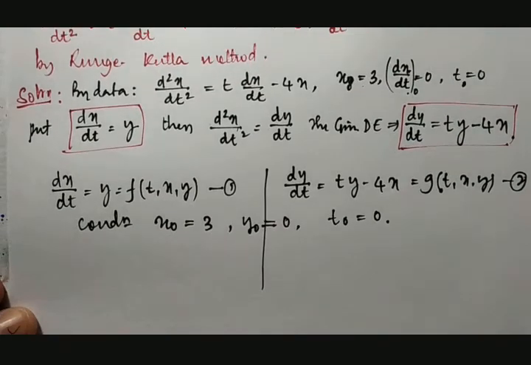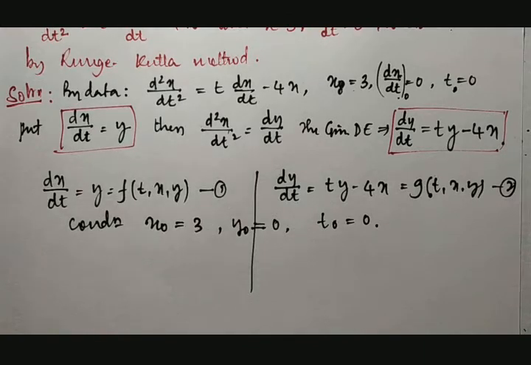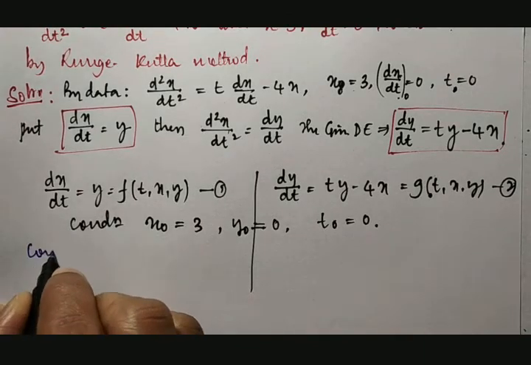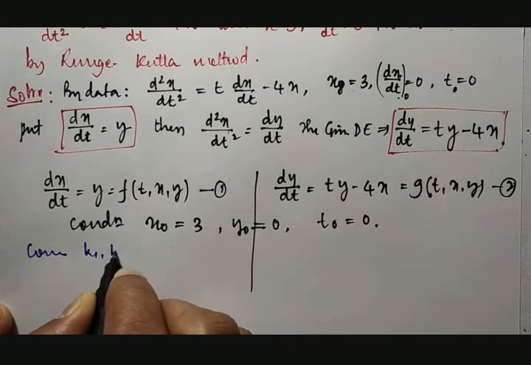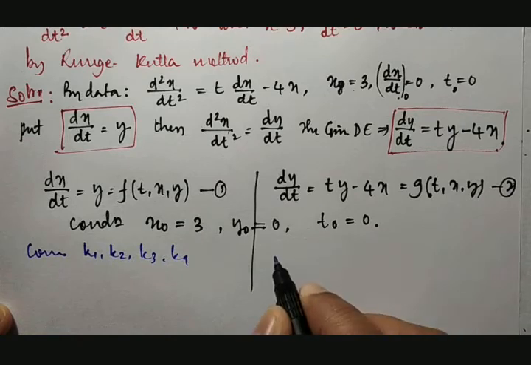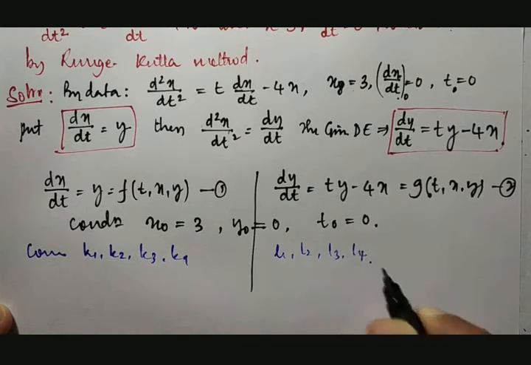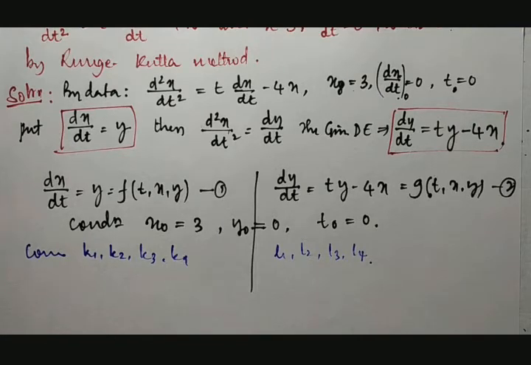For this case, we need to compute the results. For the first equation, we need to compute K1, K2, K3 and K4. And for the second, we need to compute L1, L2, L3 and L4. So let us take one by one.